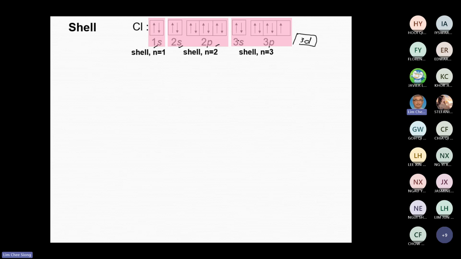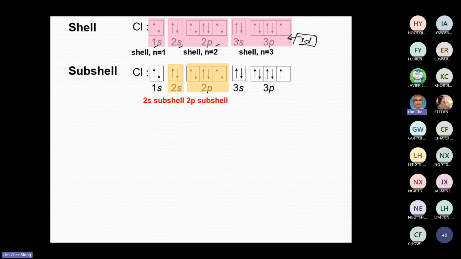Yes, 3d is also included. Okay, this one we call shell. Subshell refers to the parts of the shell that we have. For example, 2s, even though it is under the same shell, they have partitions, they have subs. So it has 2 subshells: subshell of 2s, subshell of 2p.